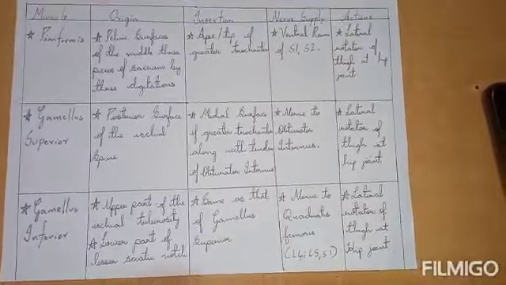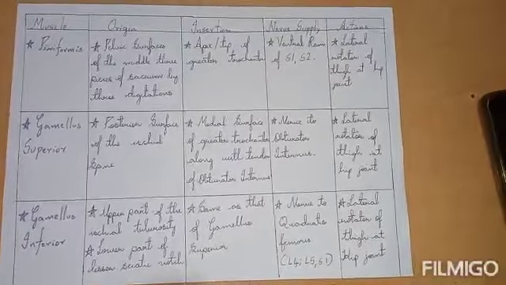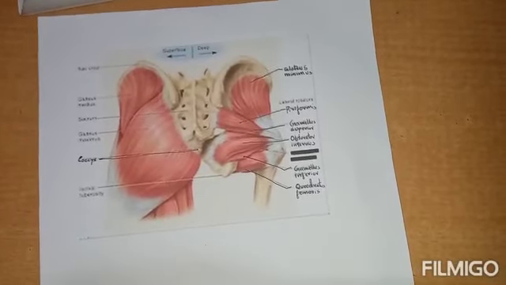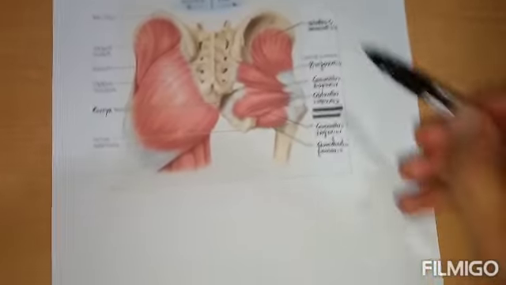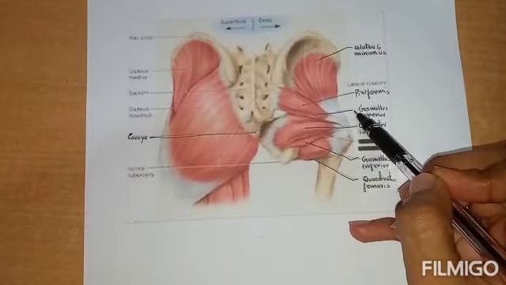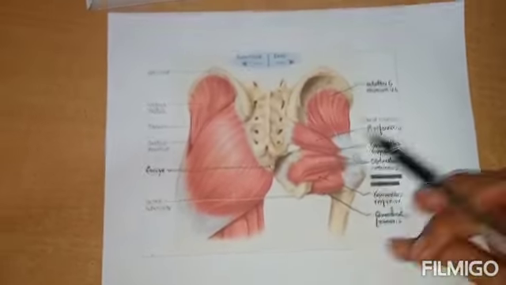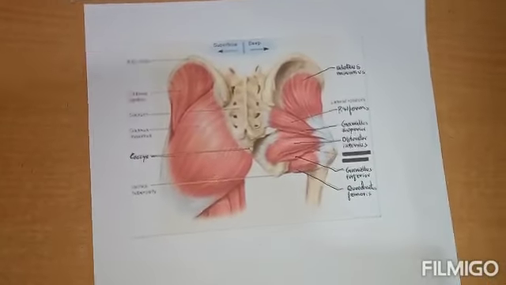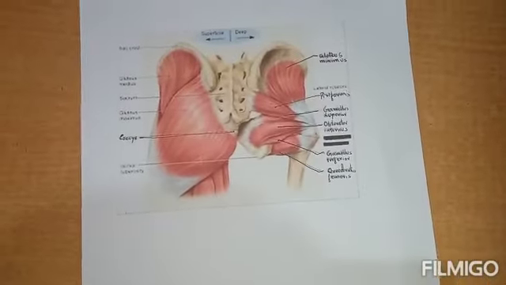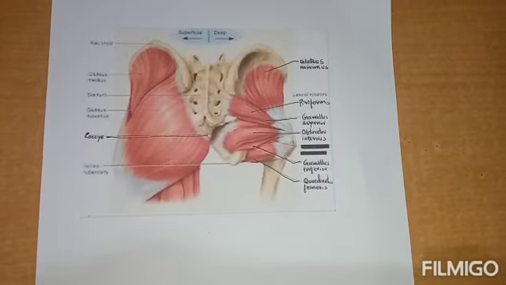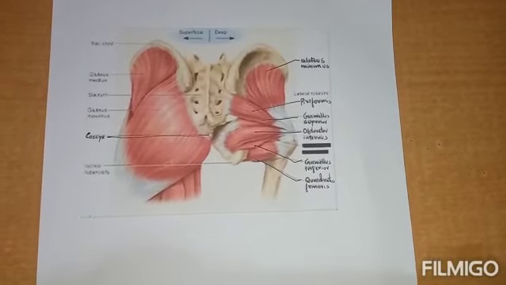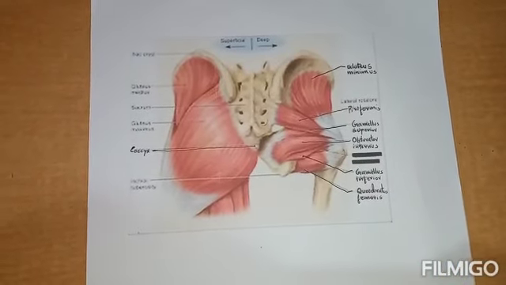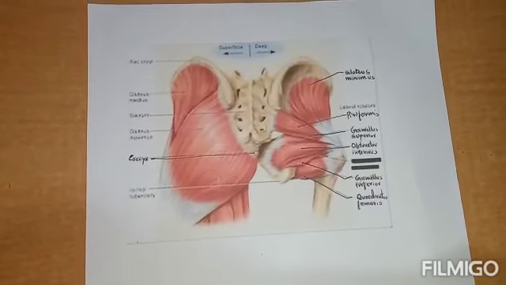The next muscle is gemellus superior. This is gemellus superior. It originates from the posterior surface of the ischial spine of bony pelvis. This gemellus superior muscle inserts into the medial surface of the greater trochanter of the femur.